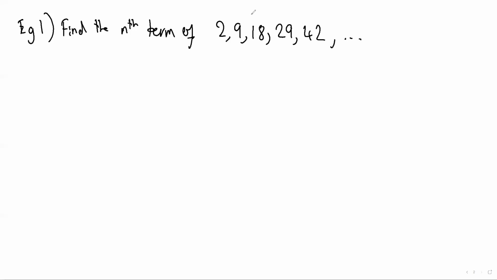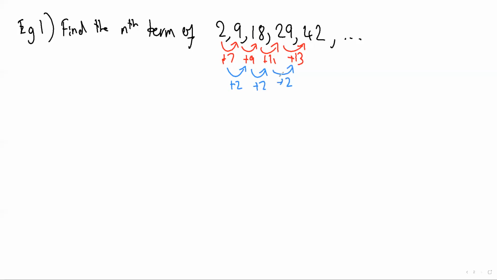It's easy to make mistakes when you only have 3 terms, for example. So it's always best to find the first 5 terms and work from there. So we already know that this goes up like this.